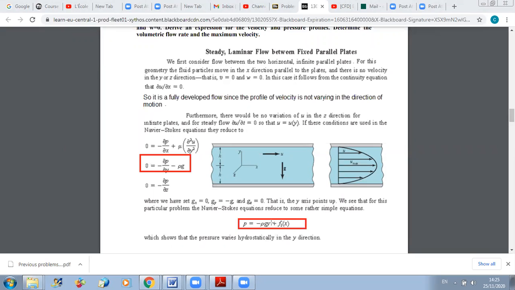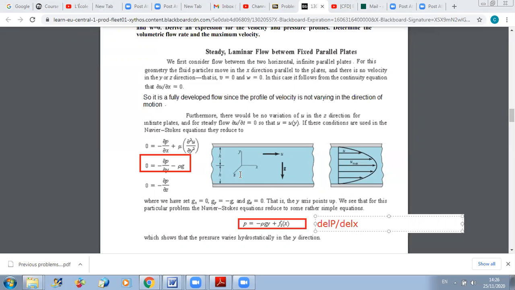So if I differentiate this relation to get del p by del x, what do I get? I get that del p by del x is equal to mu del square u over del y square. But I will tell you why I'm doing this step, you will understand why.